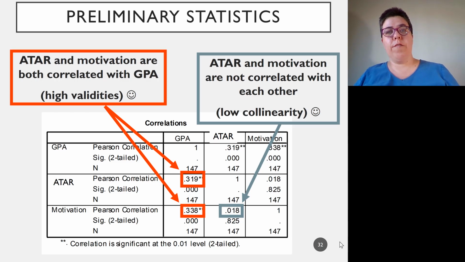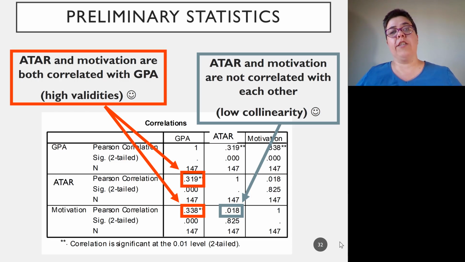Now, sometimes people get confused about whether you need to have a significant correlation between the two IVs, or the IV and the moderator, for an interaction, and the answer is no. An interaction is not looking at the linear association between ATAR and motivation, or one IV and another IV.